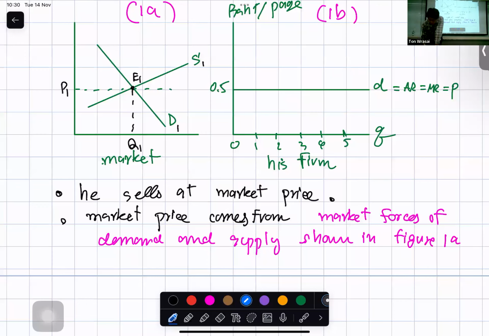Simulation next. If the demand curve shifts to the left, since now let's say students want to use the iPad more than doing photocopy, the demand curve shifts to the left to D2.